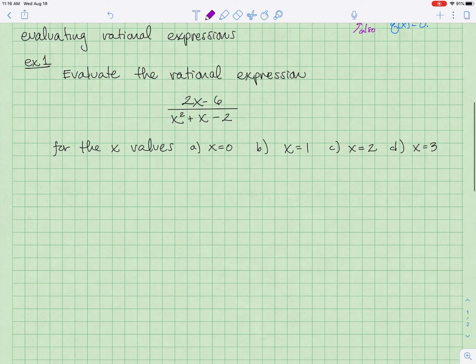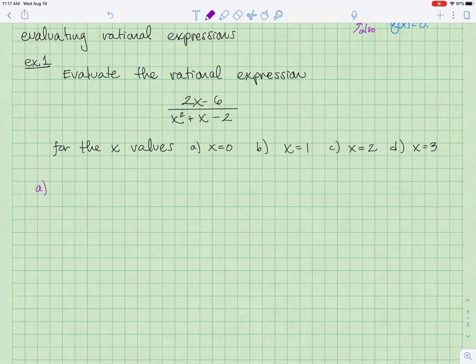So let's take a look at a pretty basic example. We're going to evaluate the rational expression 2x minus 6 over x squared plus x minus 2 for the following values, x equals 0, 1, 2, and 3. We're just going to run through some numbers here. All they're asking us to do is plug these values in for x and simplify and interpret what we see.